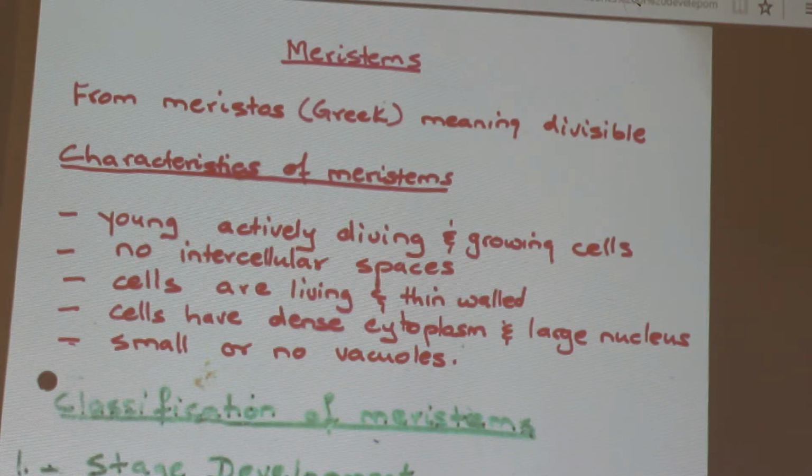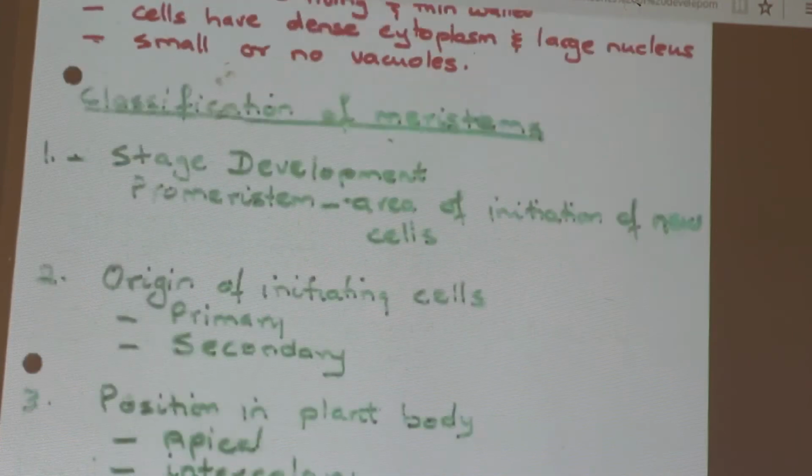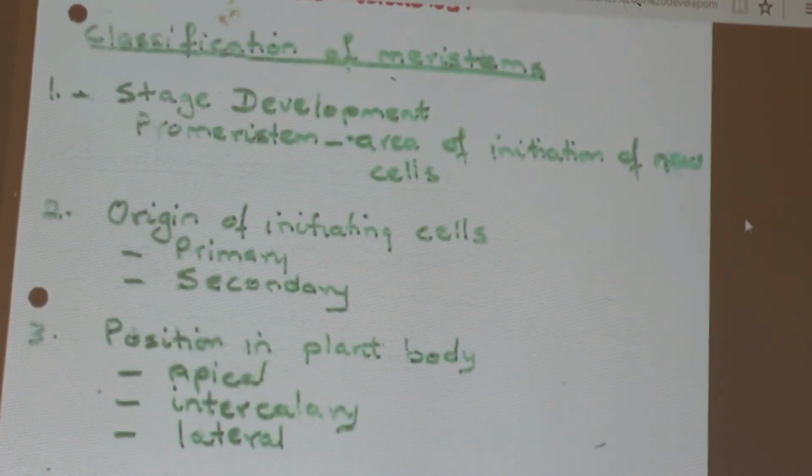Meristems can be classified in a number of ways depending on what you want to address. The stage of development means that you are saying whether that meristem is a meristem of the embryo or it is a meristem of a mature plant.